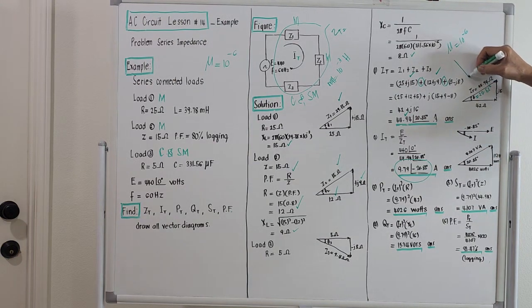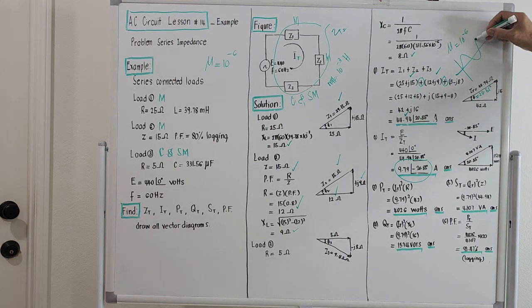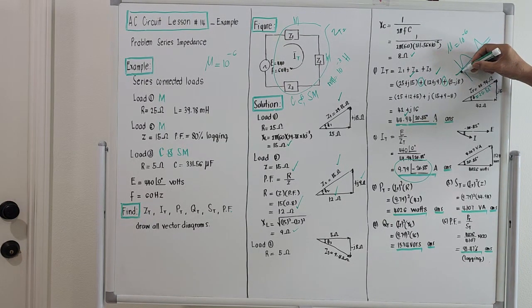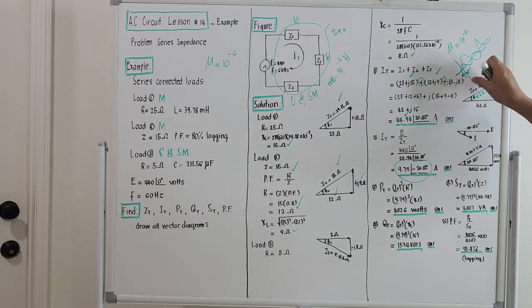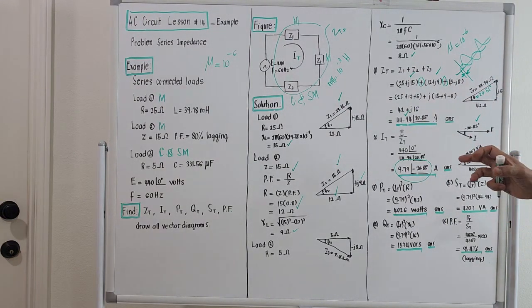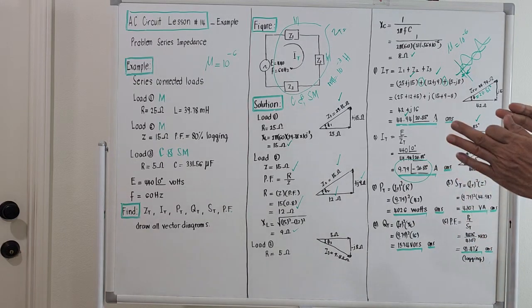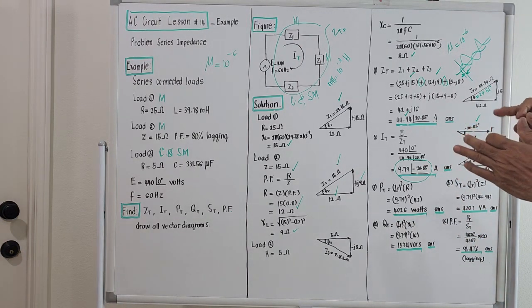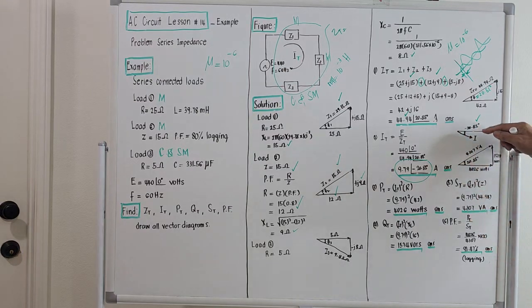If this is the applied voltage, the current lags the applied voltage by 20.85 degrees, so it will oscillate like this. And this angle of difference here is 20.85 degrees. You could see that on the oscilloscope, right? There is an angle of difference between the start of the two sine waves, with an angle of 20.85 degrees. That's the meaning of this.